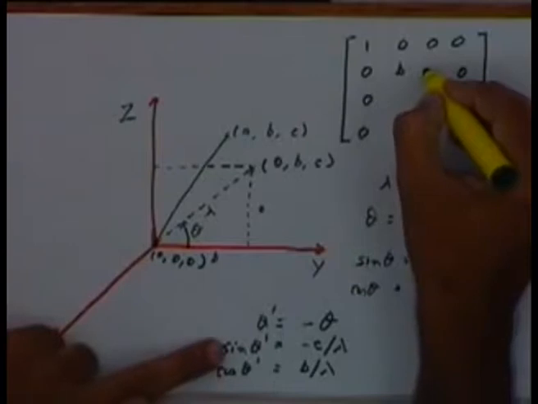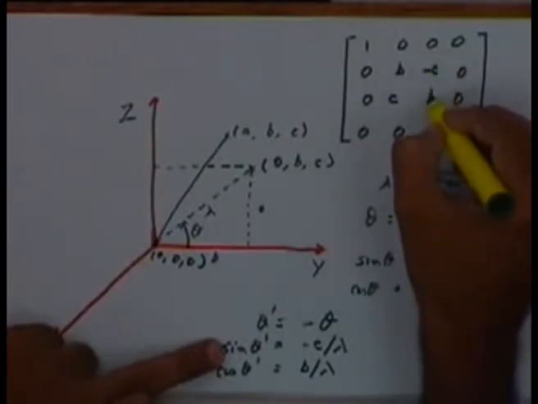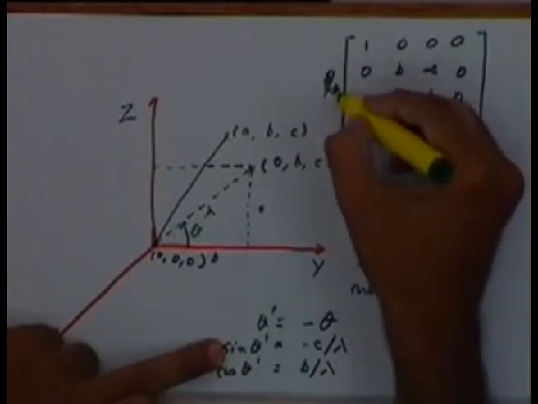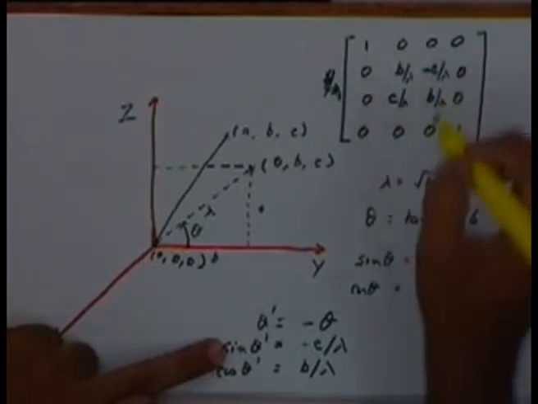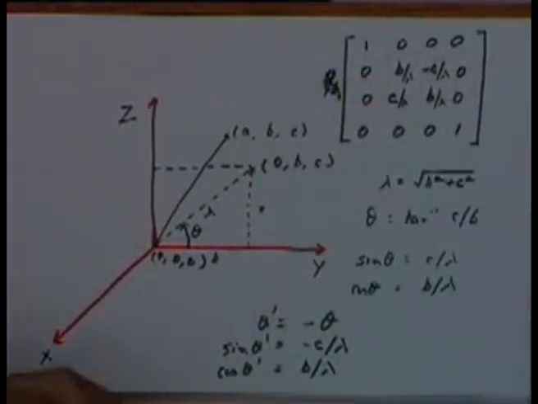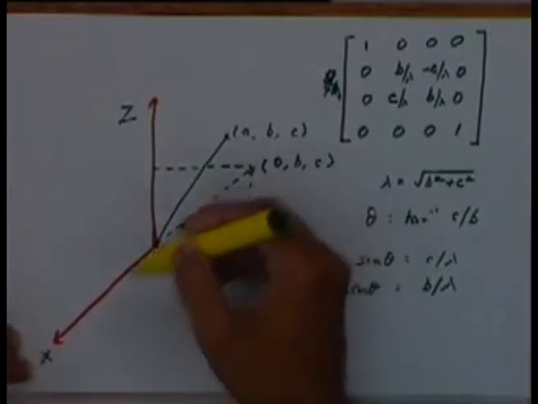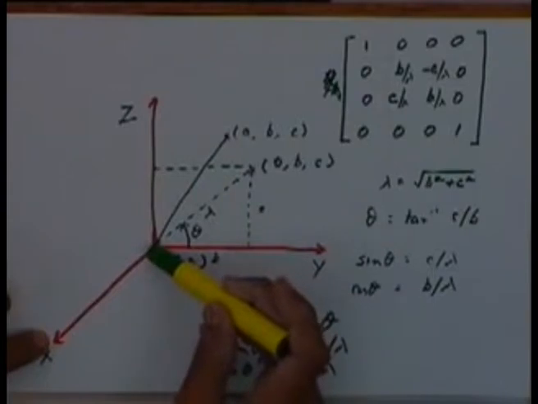This term is sin theta prime, which is minus C by lambda. This would be C and this would be B, and I can have 1 by lambda outside. So this would be a transformation matrix, after which my axis of rotation would now lie in the xy plane.